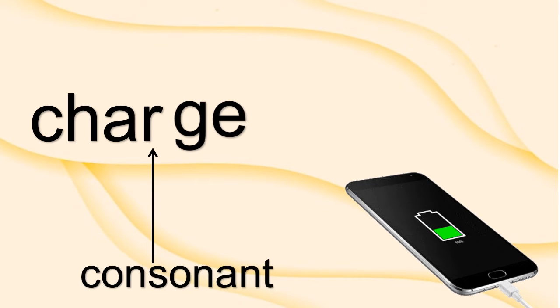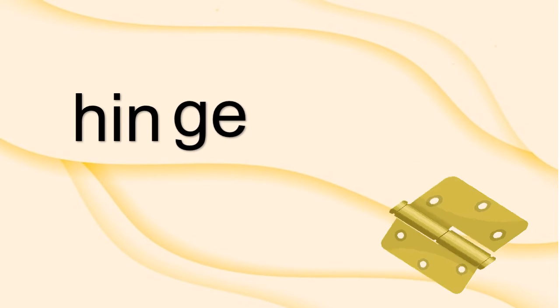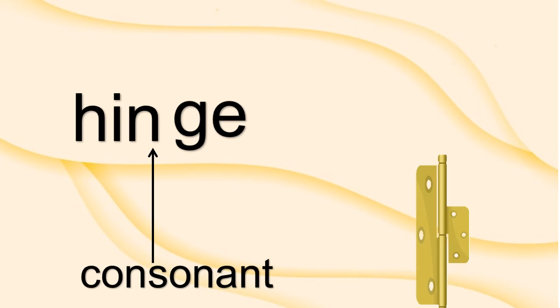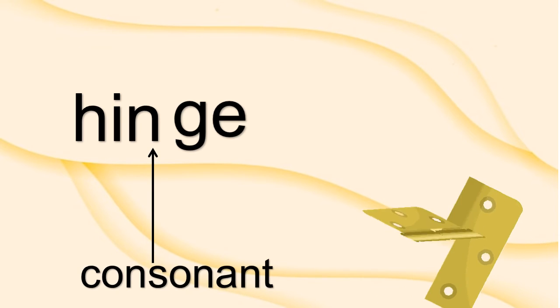Since R is a consonant, we write G and E. In the word hinge, we have N which is a consonant before the J sound, so we write G and E.